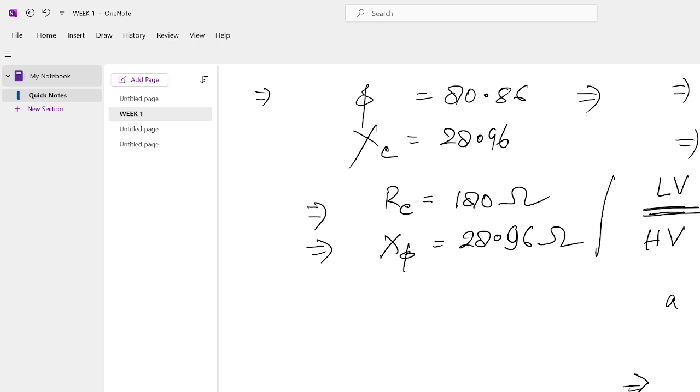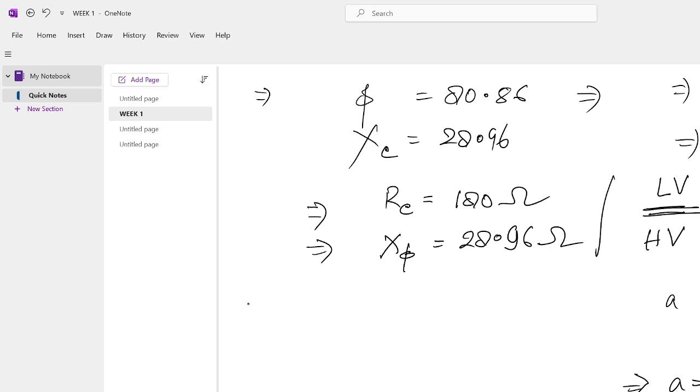So what will you get? A is equal to 450 divided by 120. This is 3.75.